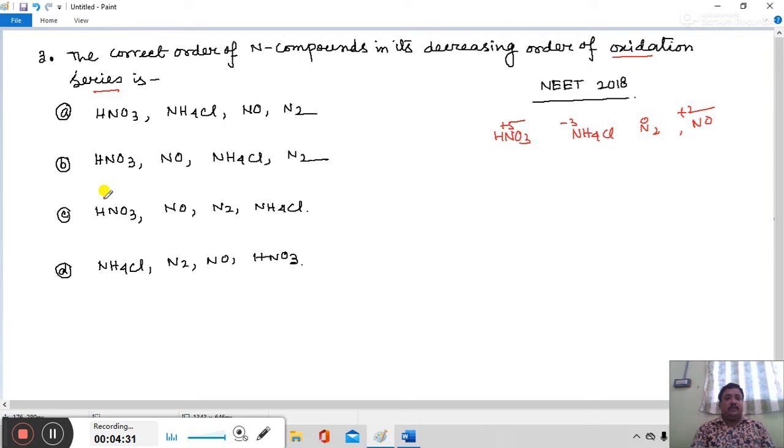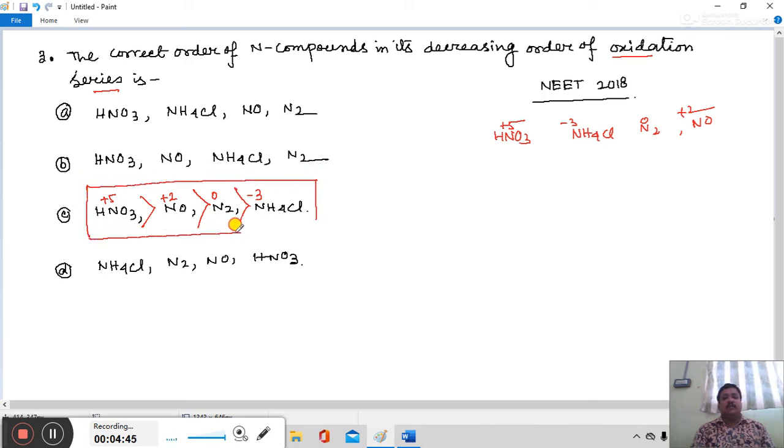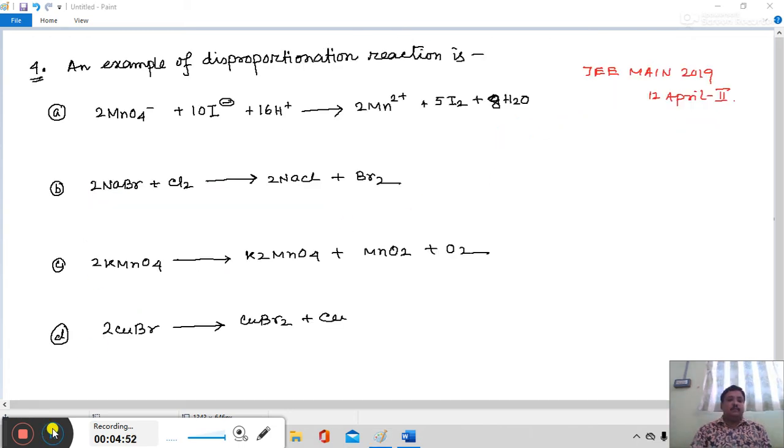So HNO3 with +5 is more than NO with +2, then N2 with 0, then NH4Cl with -3. So the correct arrangement is option C. This question came in the NEET 2018 exam.